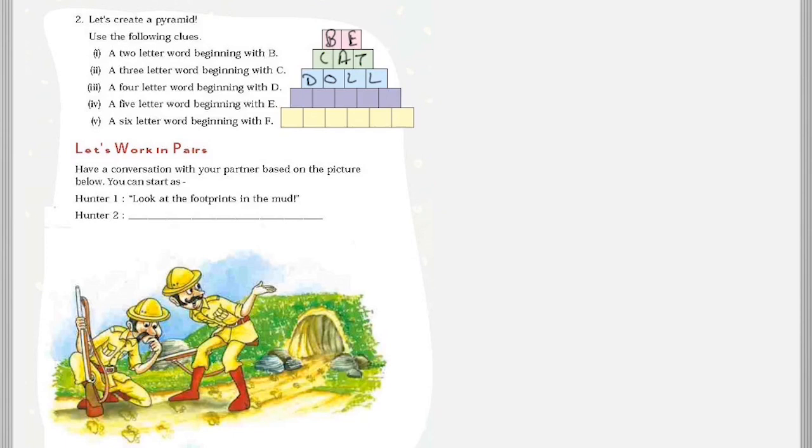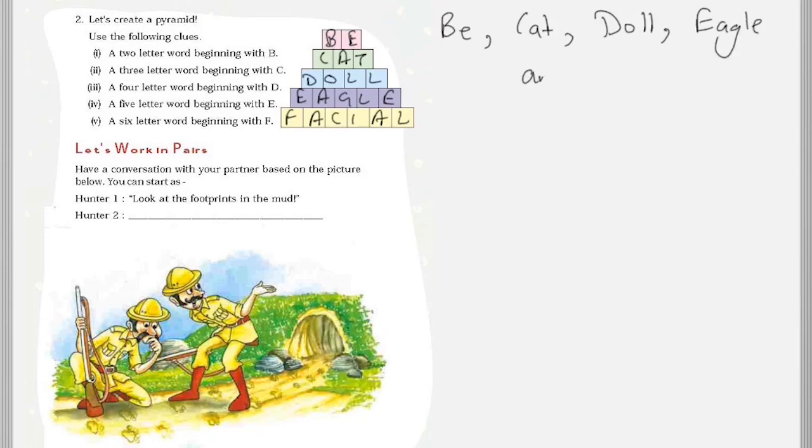A five-letter word beginning with E. We can write eagle. And a six-letter word beginning with F. We can write facial. So we made a pyramid. Okay, the words we used are be, cat, doll, eagle and facial.